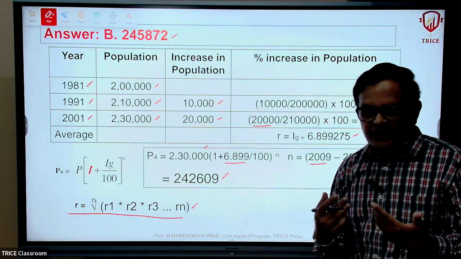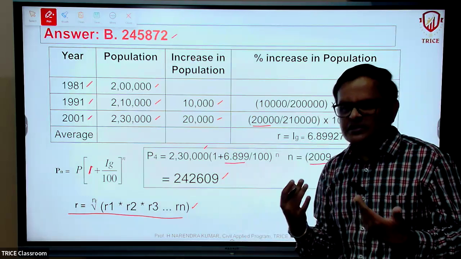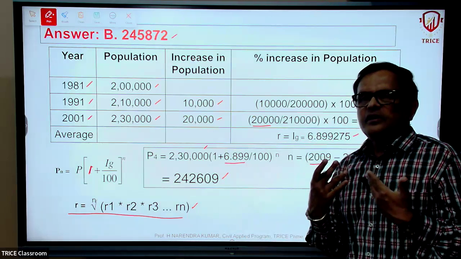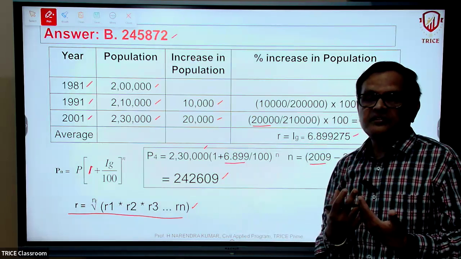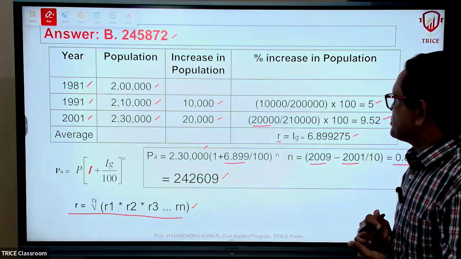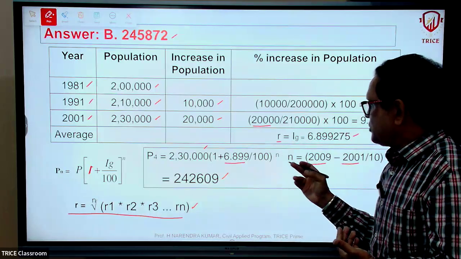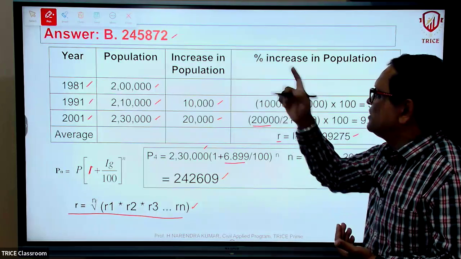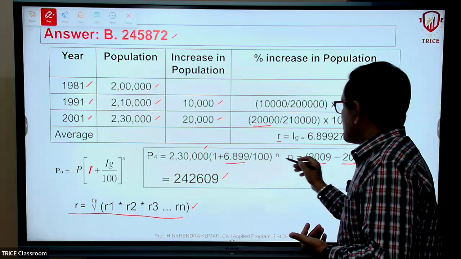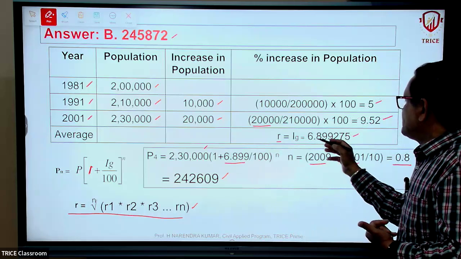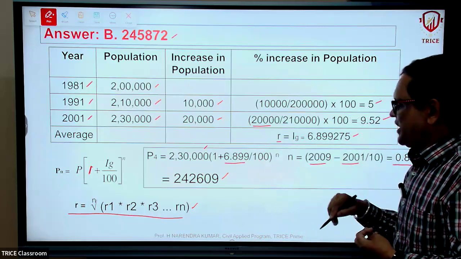But in the last 10 years, we are using the geometrical average in order to calculate the R value, my dear students. So don't think otherwise the answer is wrong. We need to choose the nearest value, because the number of digits that you consider after the decimal point is also one of the factors.